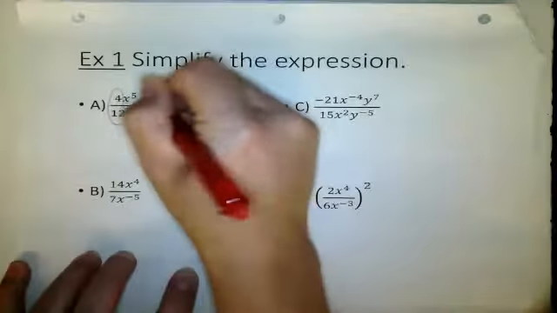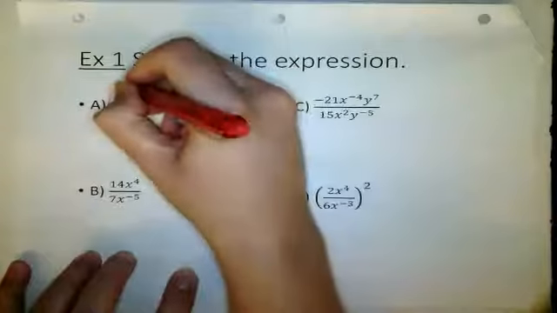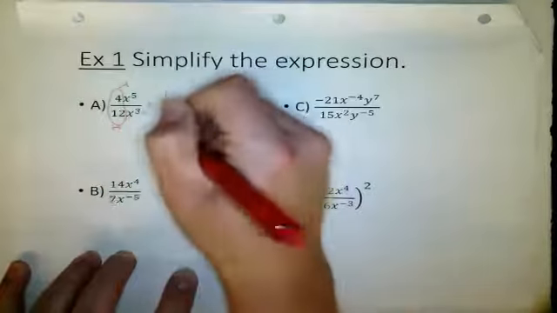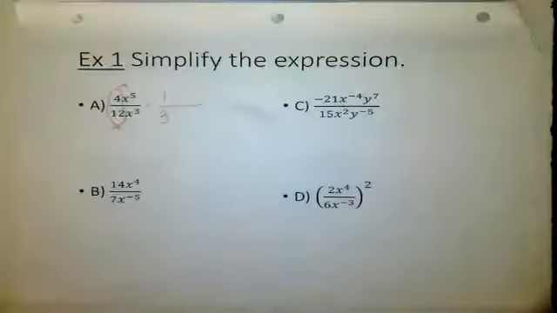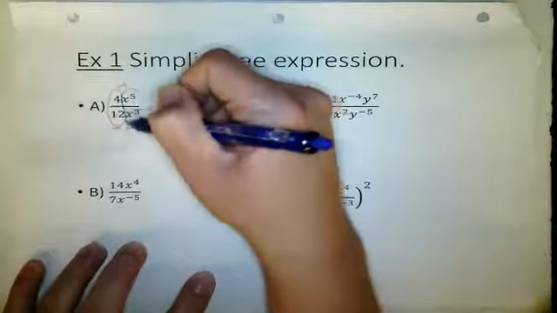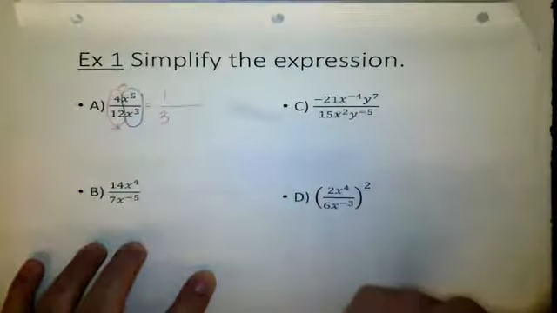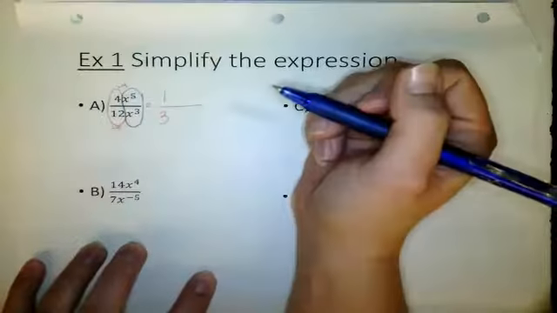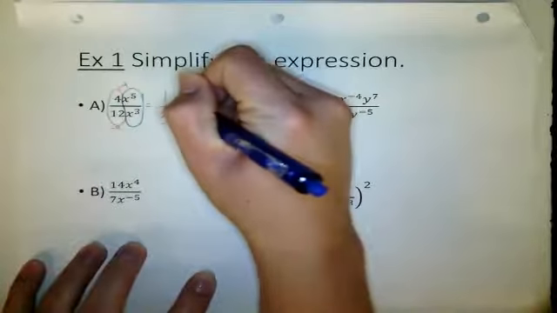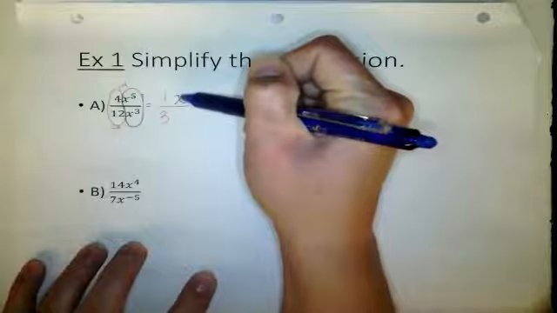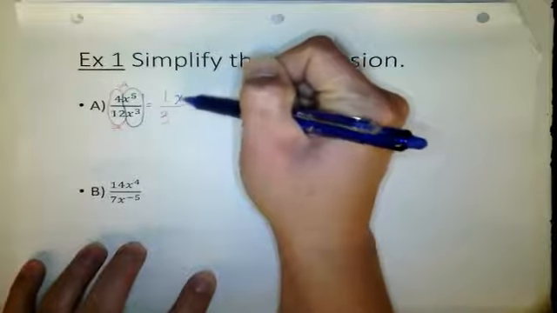I can divide. What can I divide by? 4. Yeah, I can divide top and bottom by 4. 4 divided by 4 is 1, and 12 divided by 4 is 3. So you can reduce your fraction. Now I've got some things with the same base. We have x to the 5th divided by x cubed. What can we do when they have the same base? Subtract the exponents. The rule is your base goes in the numerator. If you're going to use the subtraction rule, the base stays the same.